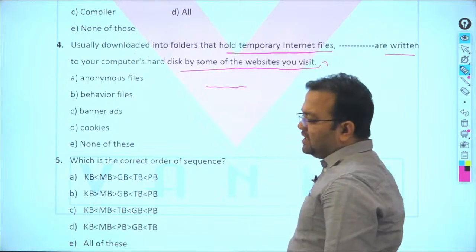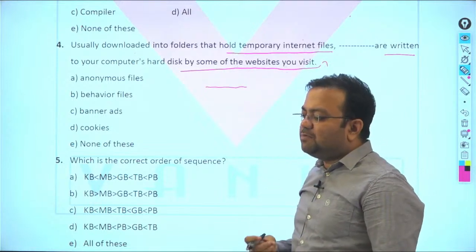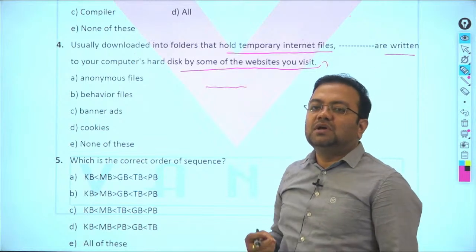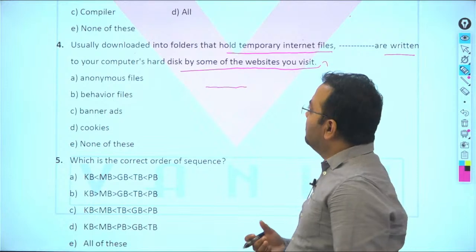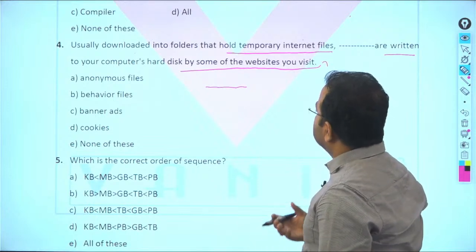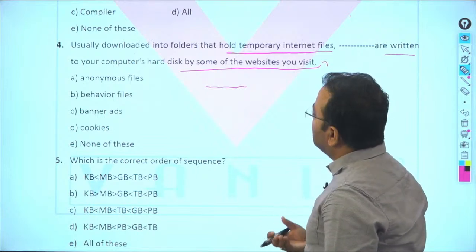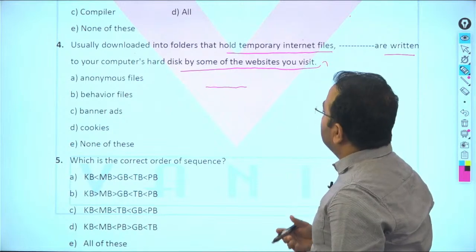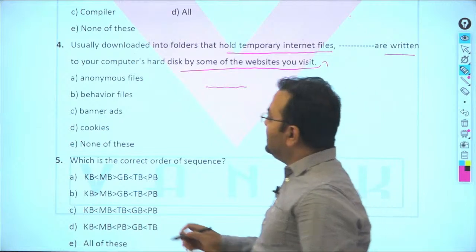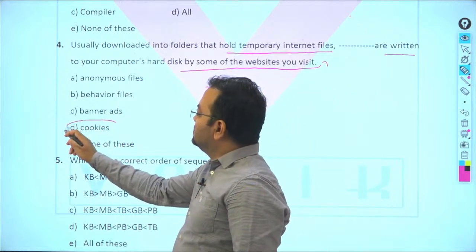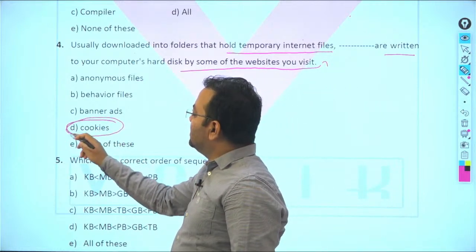So it has asked which type of file is downloaded from linked websites and web pages and held in our computer system, based upon the different websites and web pages. This type of file is known as cookies. So students, remember that this is a popular question.